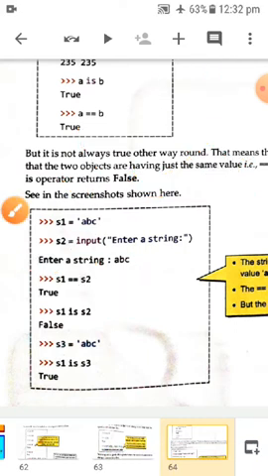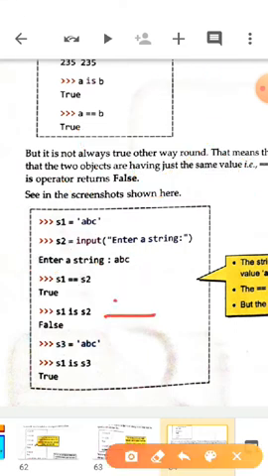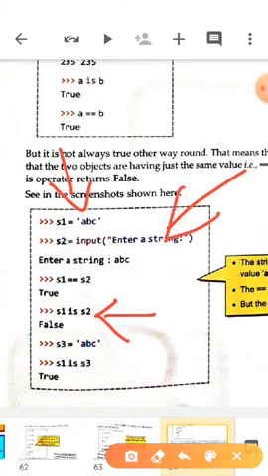But in s1 is s2, the question is asking whether they have the same memory location or not, and they will not get the same memory location. Why? Because this is your compile time and this is your runtime. So in both cases they will get a different memory location. So this statement is definitely false. Now third is s3 = abc. Now s3 directly gets abc at compile time, so you can say that s1 is s3.